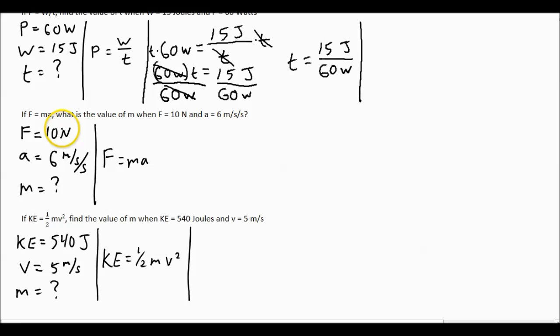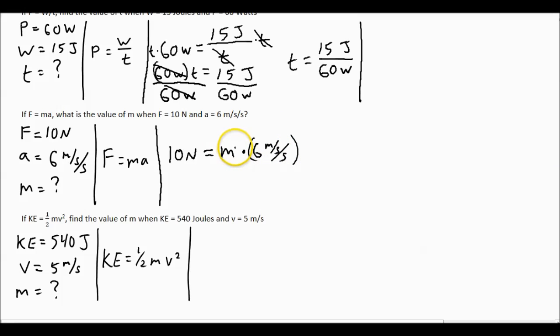In this next question, we're given force, acceleration, and we had to find mass, value of m. So because we have F, A, and m, we use this equation and we substitute in 10 newtons for our force is mass times acceleration, which is 6 meters per second per second.